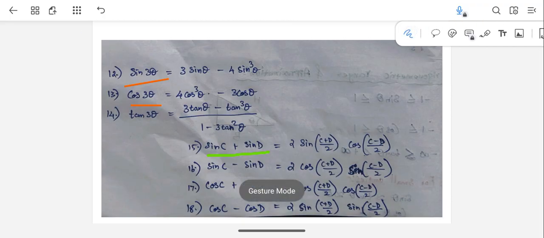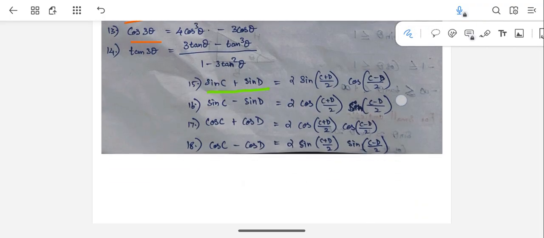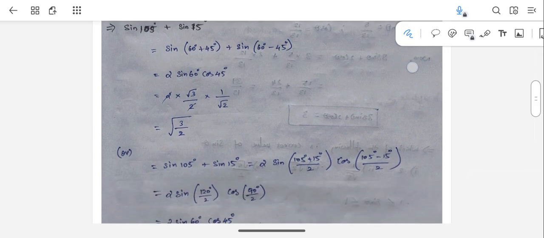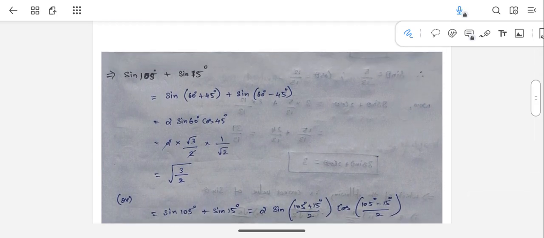But when you have it directly, for example, let's see this 15th one, wait a minute, I will show you an example so that you will understand. See here, it is sin 105 degrees plus sin 15 degrees, right? Here you can use anything.